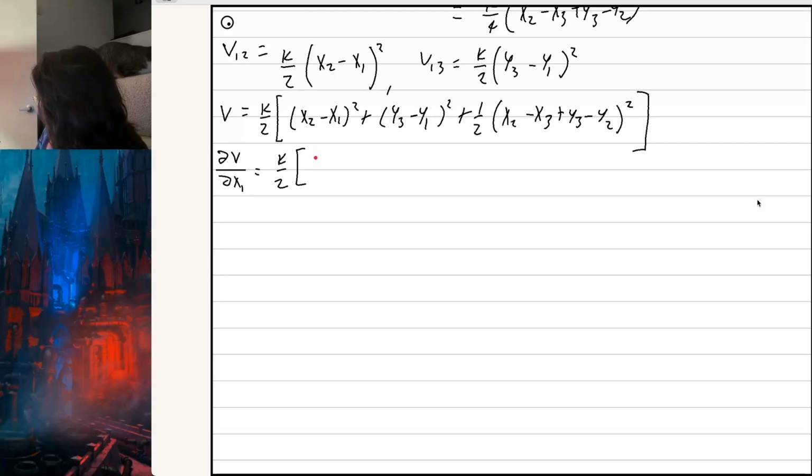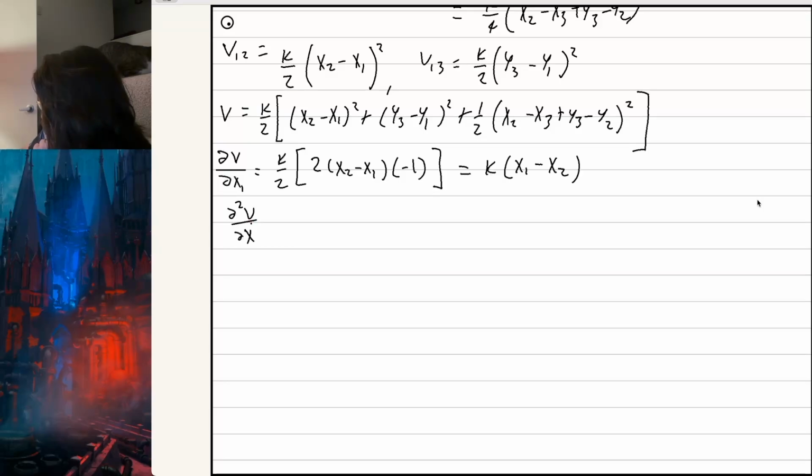We have 2 times x2 minus x1 multiplied by minus 1. That's it. So it's just k times x1 minus x2. Partial squared v by partial x1 squared, that's just going to be k. Nice.